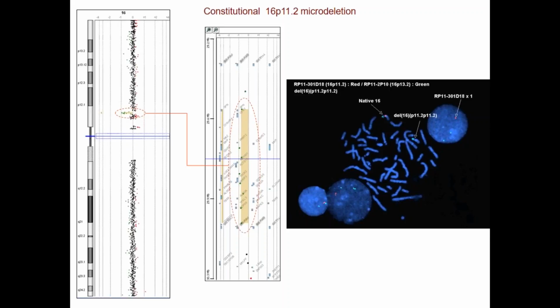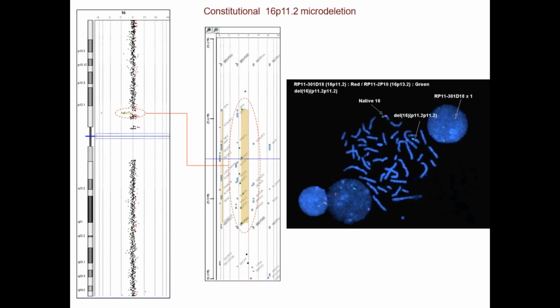How does it look on the array? This is how it looks on the array. As I told you earlier, each chromosome is plotted this way. This is chromosome 16, this is the short arm, this is the long arm, and this is the centromere. Each chromosome is numbered, and the base pairs are numbered from top to bottom.